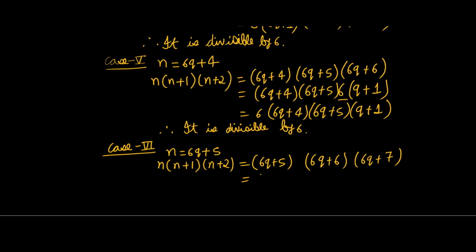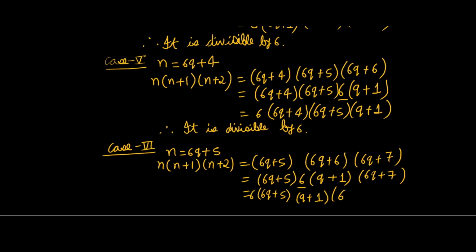So in the second portion we will take common, 6, to make the question easy. 6q plus 5, and we will write the 6 here, and q plus 1, and 6q plus 7.